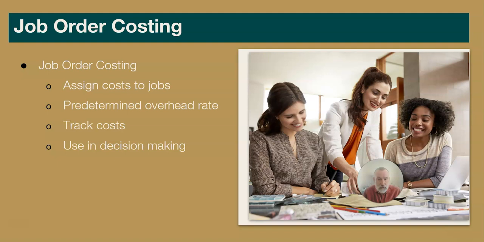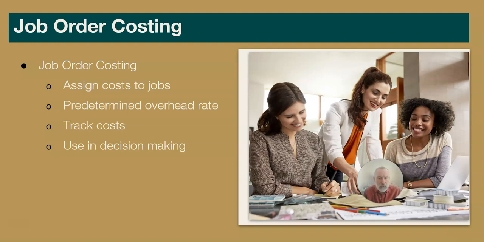In this module, we'll learn how to assign costs to individual jobs by tracing direct materials and direct labor and applying manufacturing overhead. We'll learn how to use a predetermined overhead rate to deal with indirect costs, those costs that can't be traced directly to one job. We'll track costs through an accounting system by creating job sheets, measuring unit costs, and preparing financial statements.